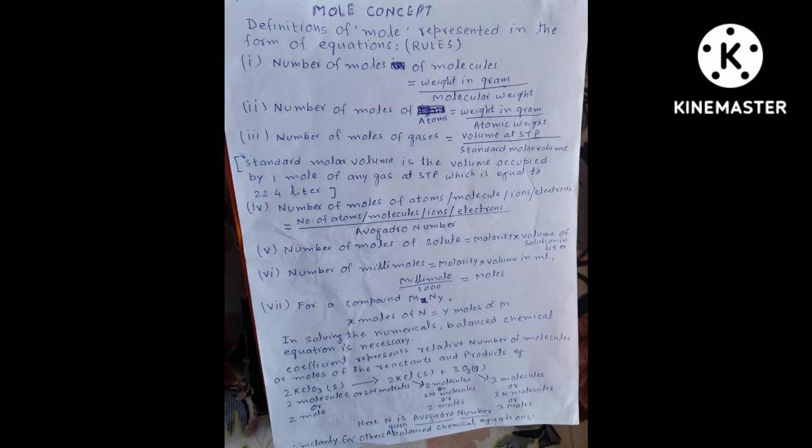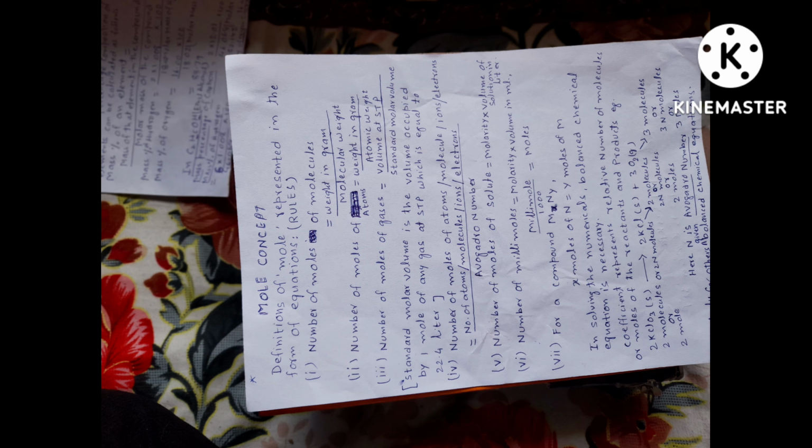Solute, you know that in solution, solute plus solvent is equal to solution. Actually, I will tell you details at the right place, but here I am giving just a brief idea that solute plus solvent is equal to solution. As for example, solute like salt, NaCl.